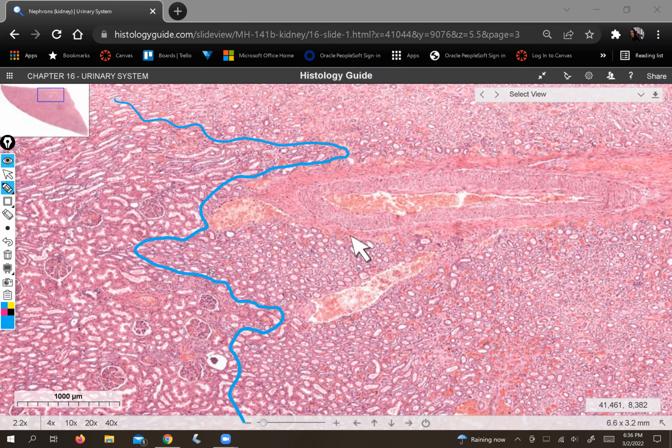No corpuscles to speak of, just a bunch of tubes, including this very large interlobular artery. So I'm going to pivot to a different slide just so that the medulla area looks a little bit more normal, and we can look at tubes on there.